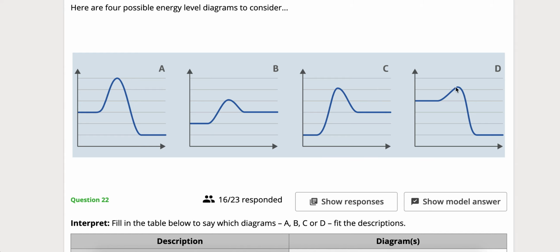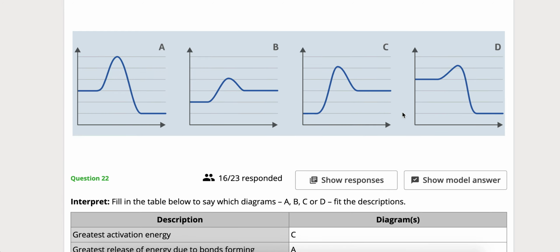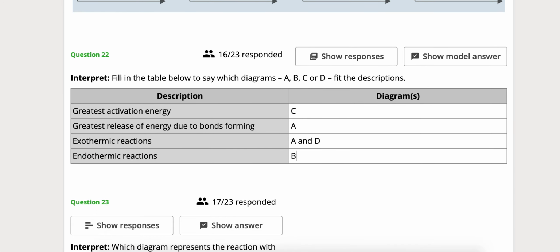This one starts higher, peaks, and ends up lower. So given what we can see in the trends for these 4 graphs, your endothermic reactions would be graphs B and C. So let's go ahead and show our answers, and they should match up, just like we've been talking about.